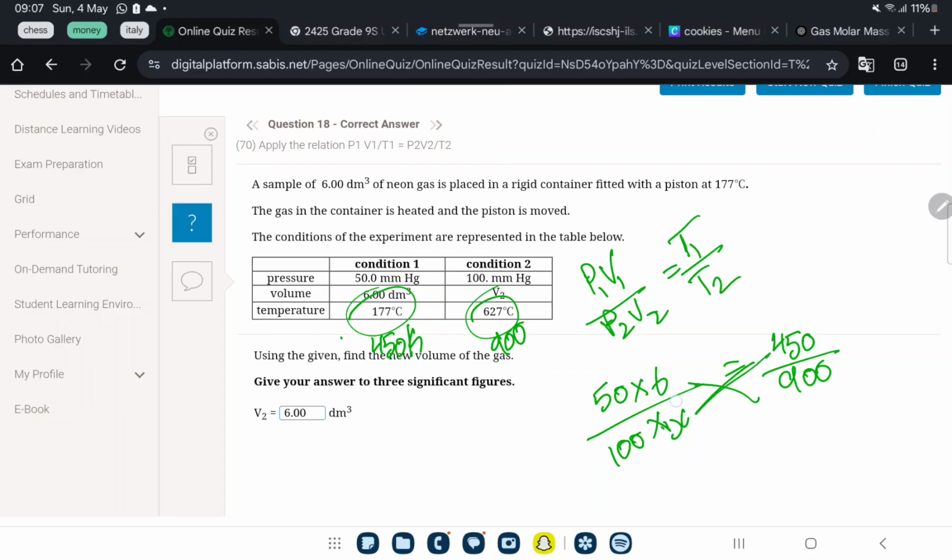Cross multiply to solve for X. So 45000 equals 300 times 900, and solve for X. You don't really need me for this, so you get X equals 6.